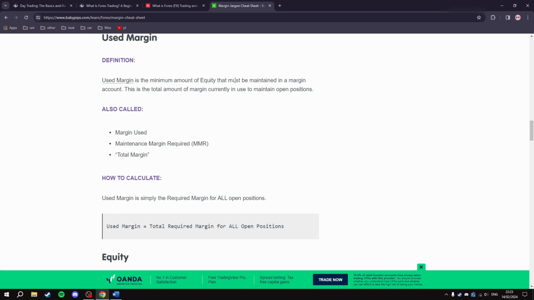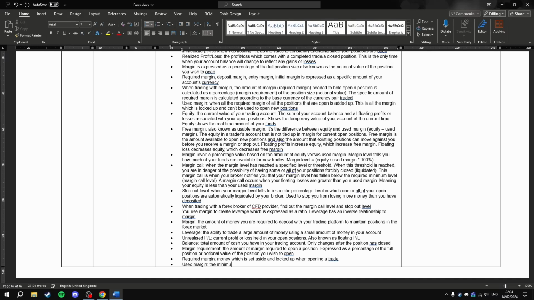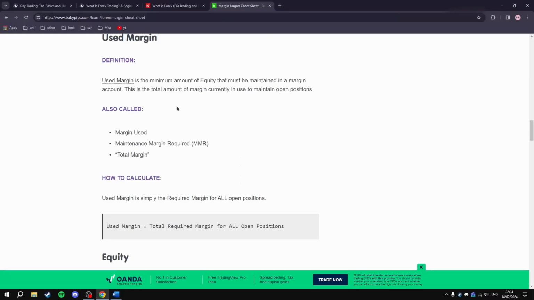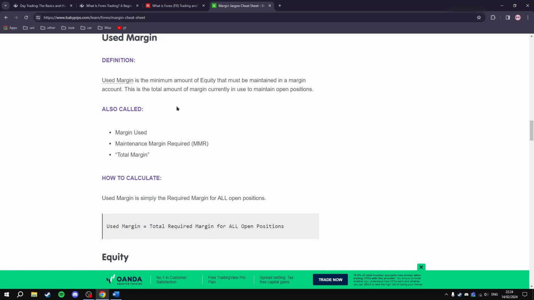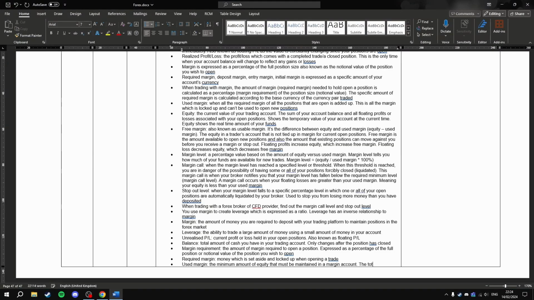Used margin. Used margin is the total amount of margin currently used to maintain open positions.